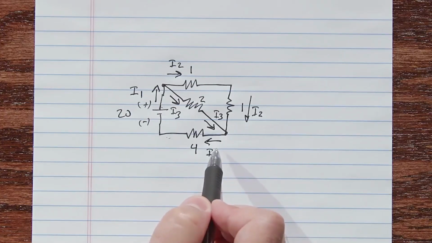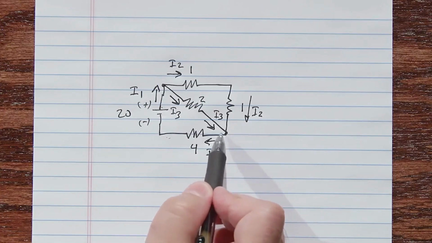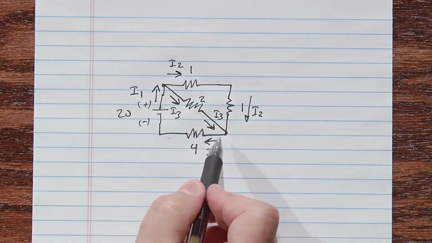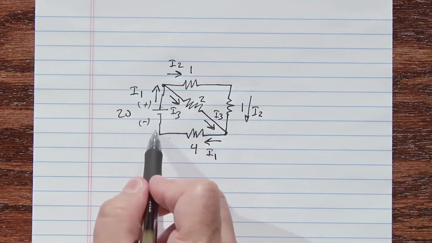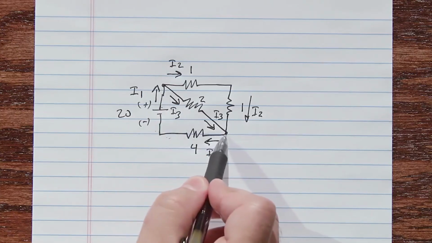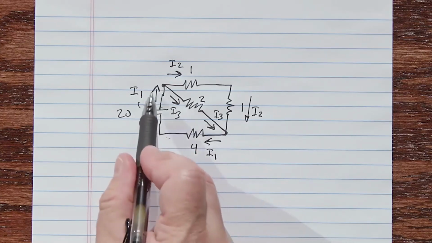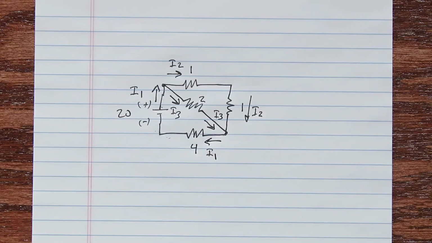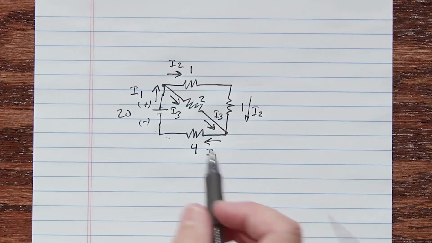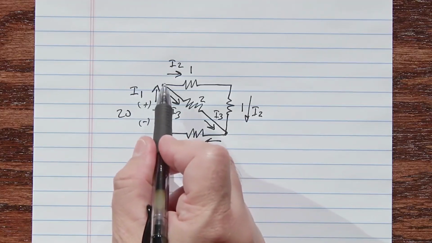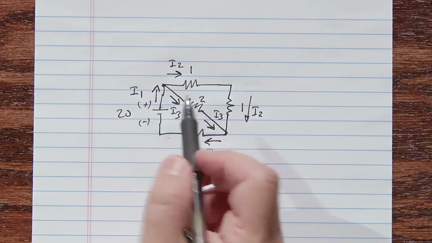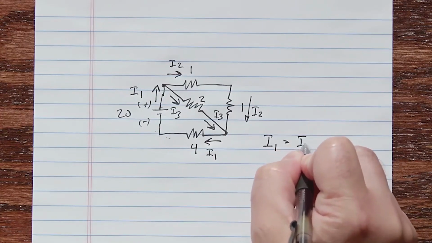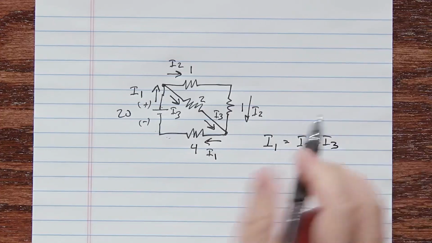There are 2 ways that we know that I2 and I3 come back together to give us I1. There's only one current in this portion of the circuit, so whatever flows here has to flow here. So I1 and I1 here and here. Also, we have our Kirchhoff's current equation. I1 flows into this point and it branches off into I2 plus I3, so I1 must equal I2 plus I3.